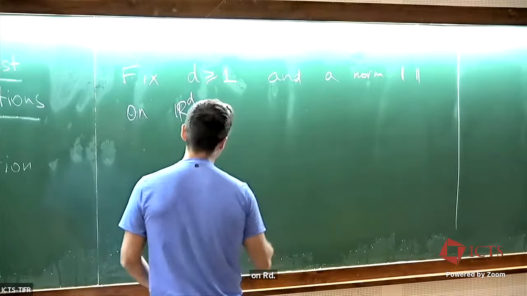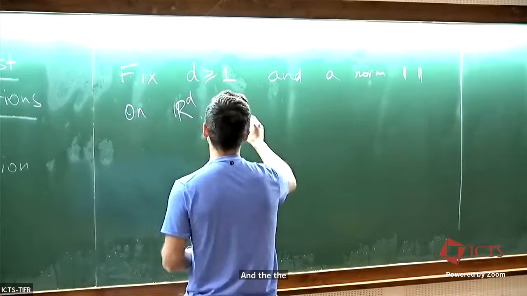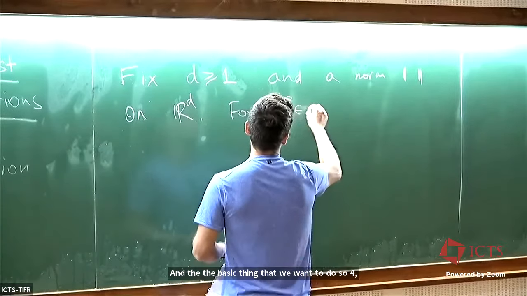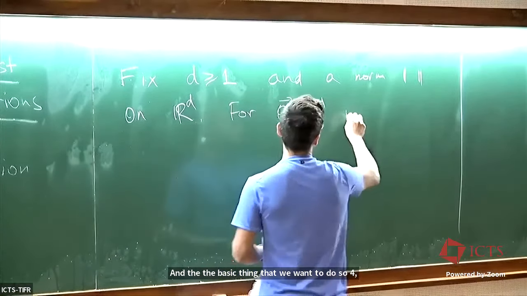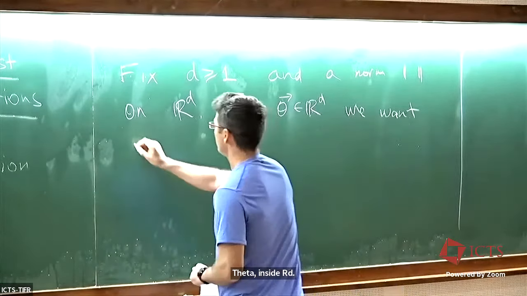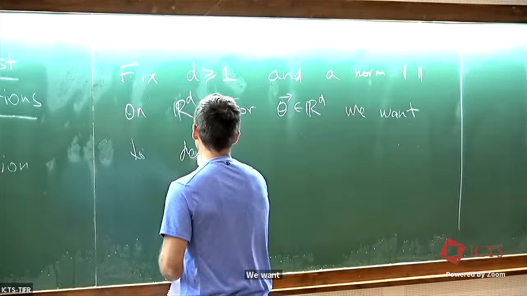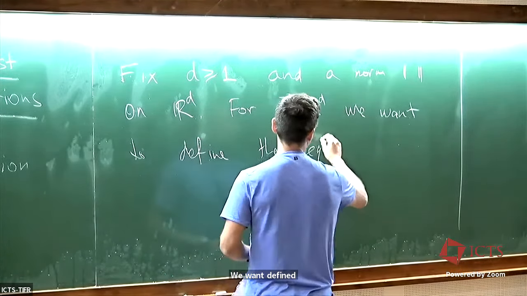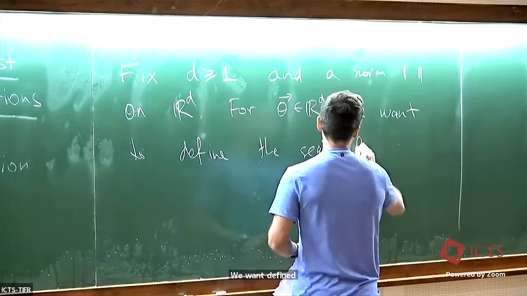And the basic thing that we want to do, for a vector theta inside R^d, is to define the sequence of so-called best approximations of theta.